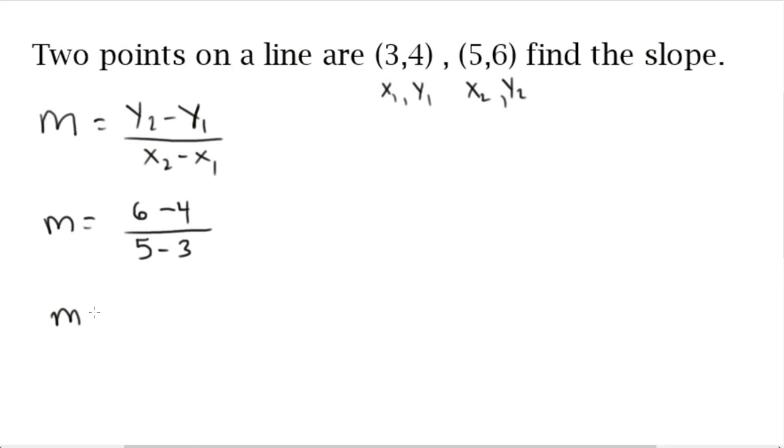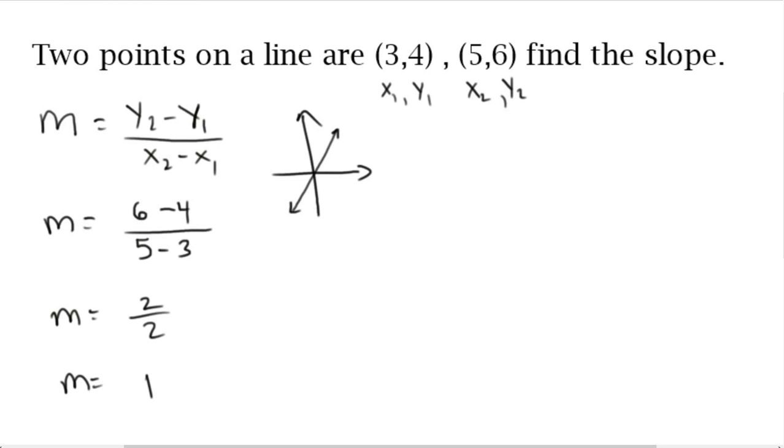So m equals 6 minus 4, 2, over 5 minus 3, 2. So m equals 2 over 2, which is 1. And a line with a slope of 1 looks something like this. And this is a positive slope. As we can see, the line is going up if we read it from left to right.